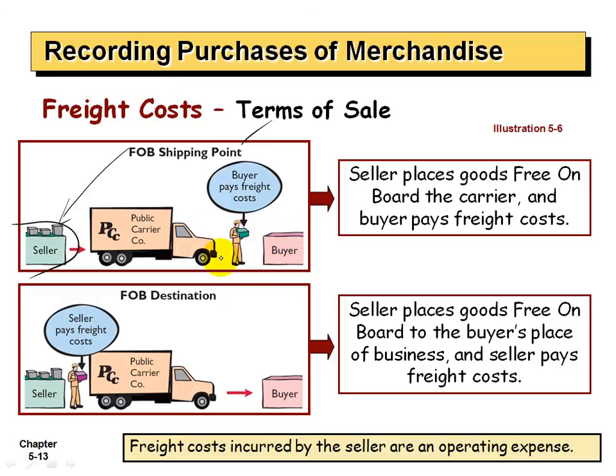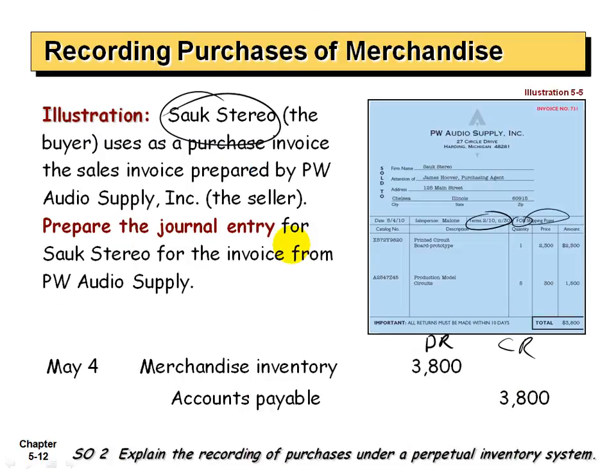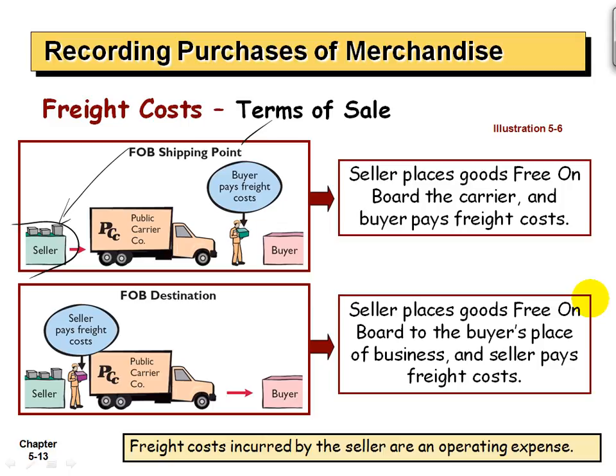Now it is possible, and most times it's true, that the seller will arrange the shipping for the buyer, but the buyer would still pay for it, and the seller would tack on a shipping charge over here. But in our case here, PD Audio didn't tell the seller to arrange for the shipping, so PD Audio probably arranged it themselves.